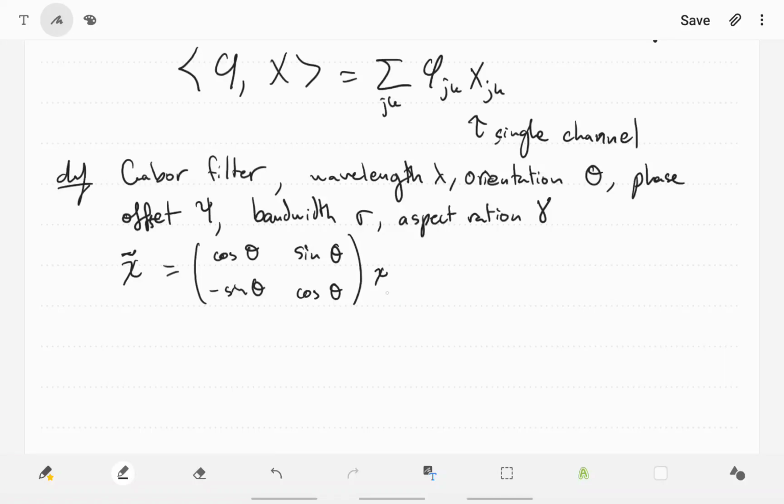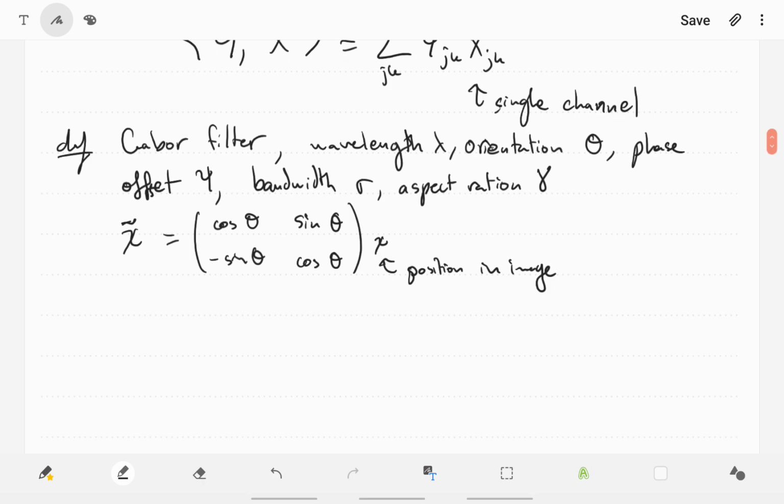Okay. And this is our position in the image. Think of the image as either ranging over, for example, this position in the image could be a continuous location in 0,1 by 0,1, or it could be an ij pair, but we are going to rotate everything, and the effect of this rotation is just to change the orientation of the edge that we're trying to detect.